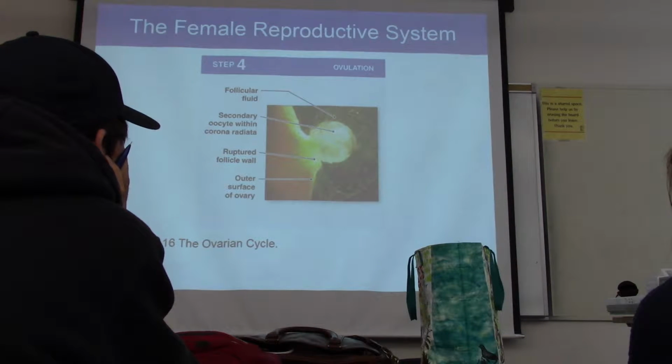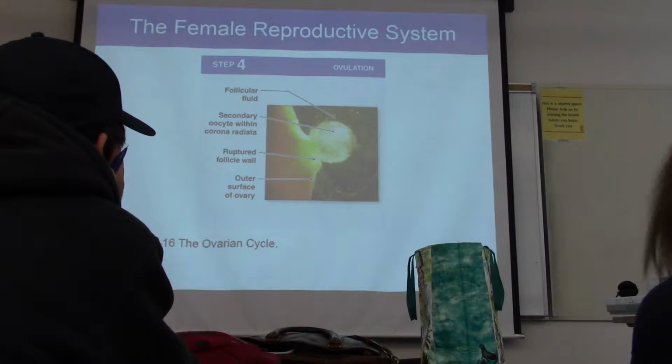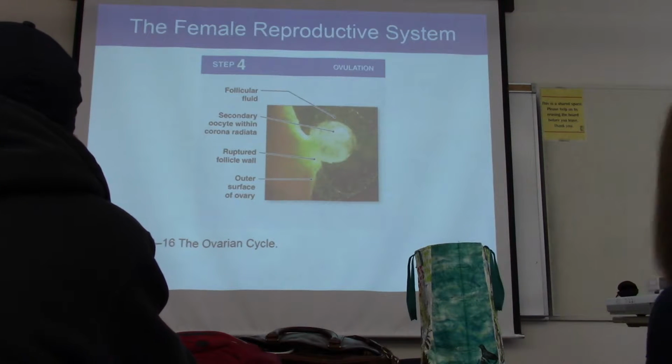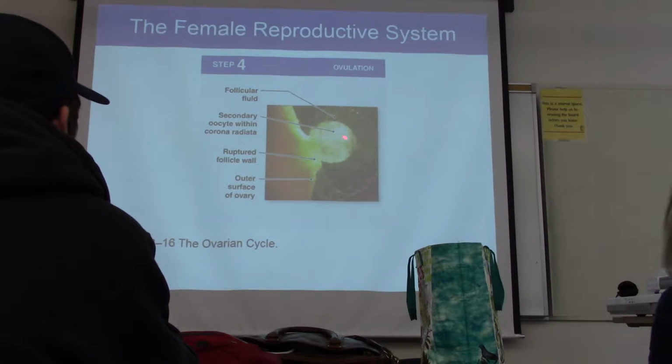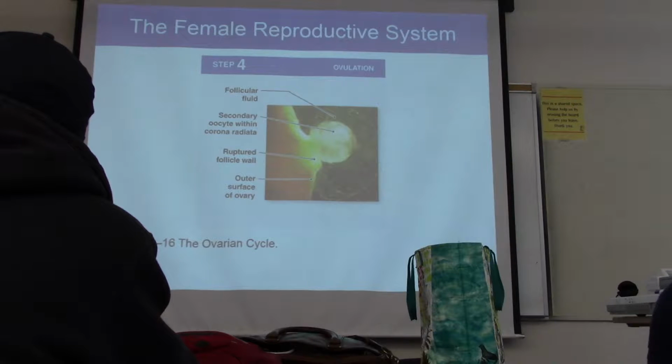But you can see these, and so then they just suck them up with a little pipette. And whenever they do that, they've given the lady a ton of hormones, so it's not unusual for her to ovulate 5 or 6 at one time.